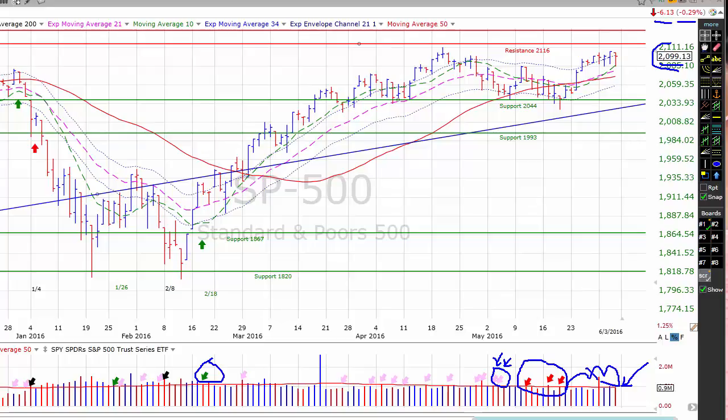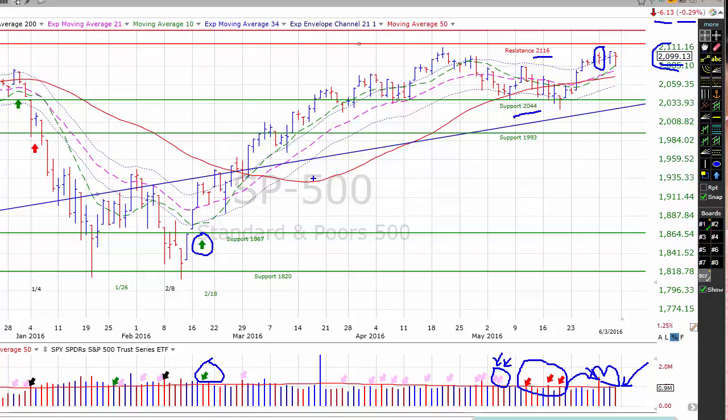Notice that we have this spike in volume, but on that day the S&P was down less than 0.2 of a point, and so that doesn't count as a distribution day. Right now the S&P is bracketed by support down here in the 2044 area and resistance up here in the 2116 range. We are on a margin signal on the S&P 500.